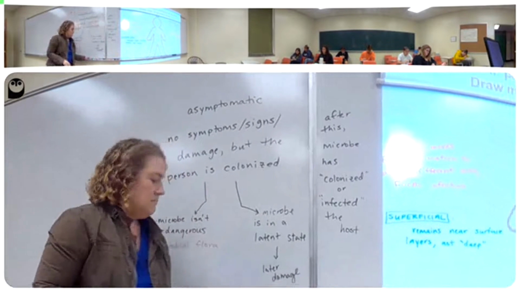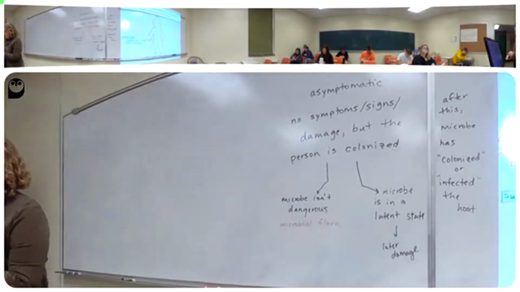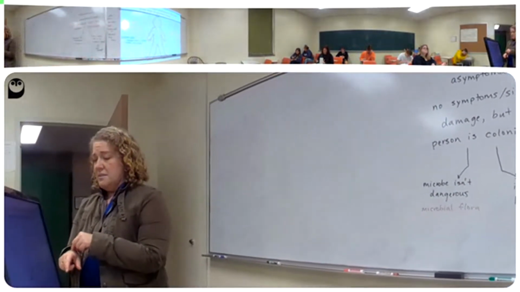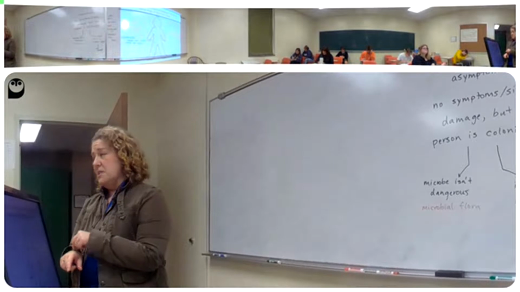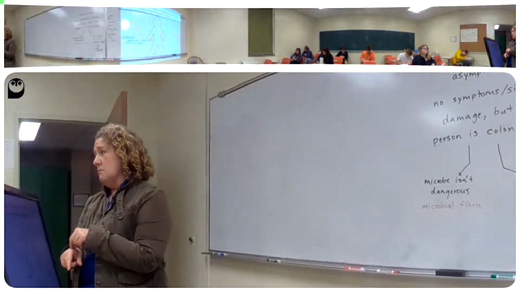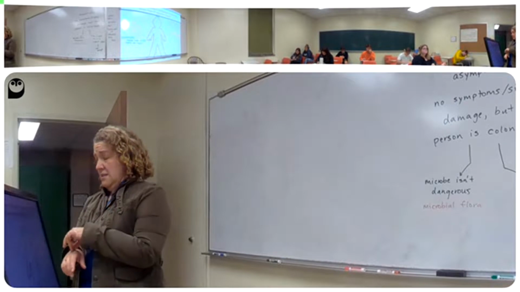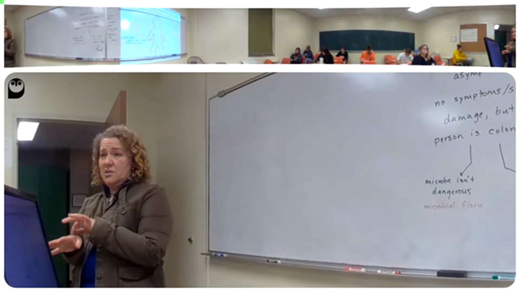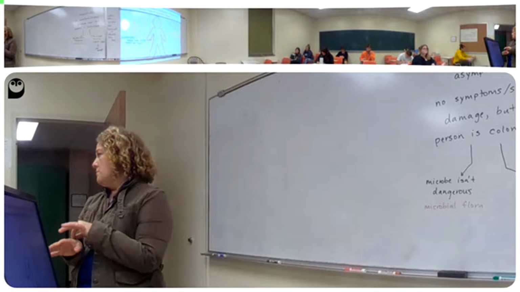So if you get a cut or a scratch, and you have an infection right there on the surface, it would be both local, if it doesn't spread, and if it doesn't migrate down into the deeper tissues, it would also be superficial.